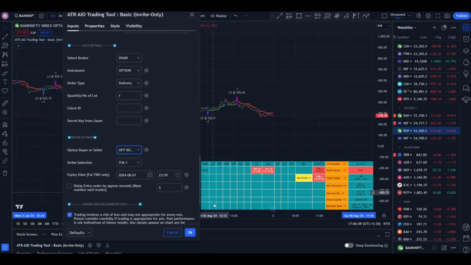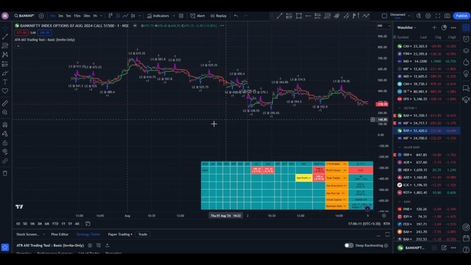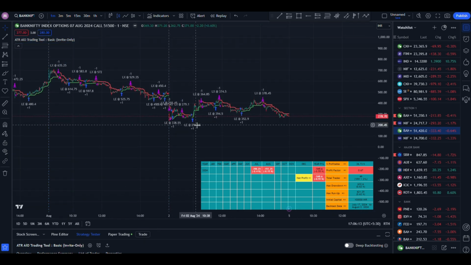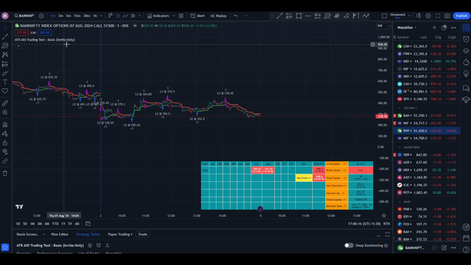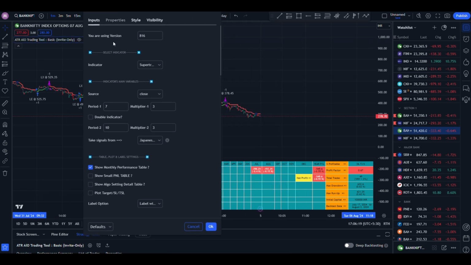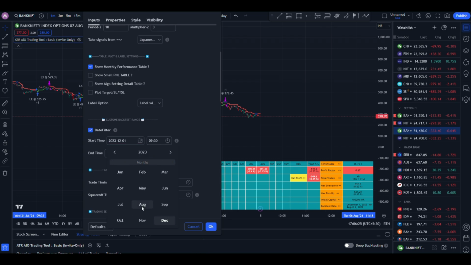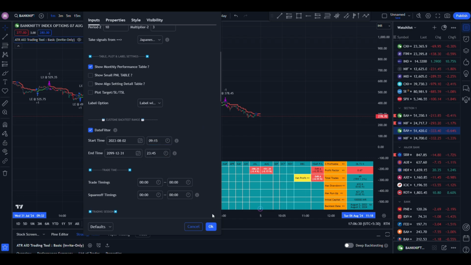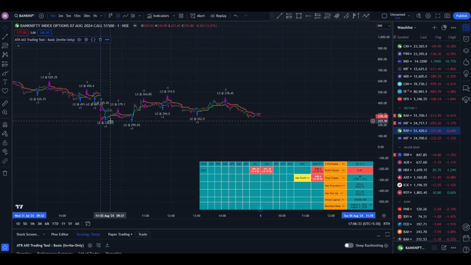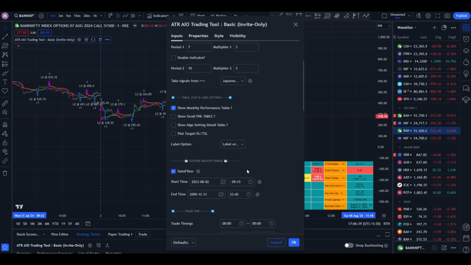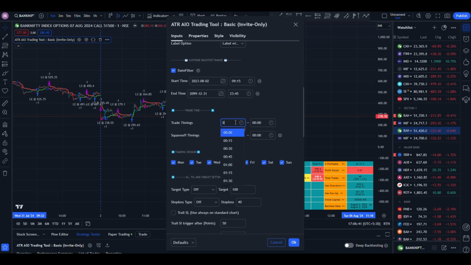So option buy in a second. If you want to understand whether this second day is profit or loss, you can simply set the date here, start date, let's say 2nd August, only 2nd August 9:15. So you can see whether the trade is loss or profit, and I will also bound the timing here, 9:15 to 15:30.